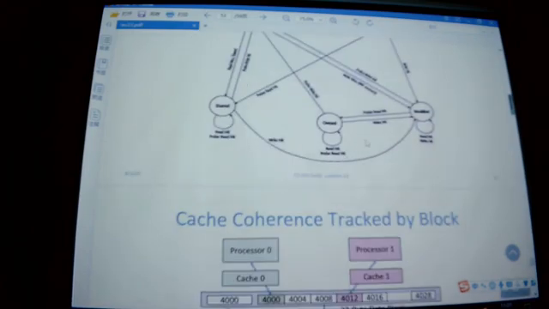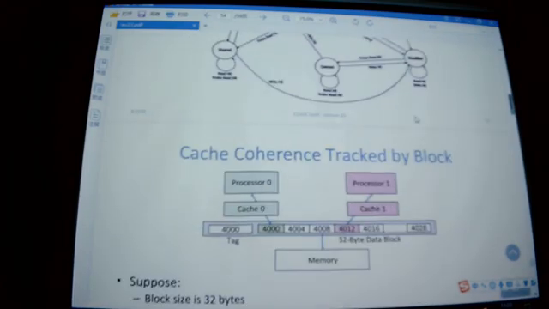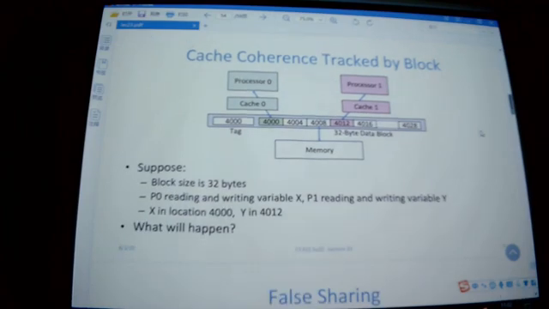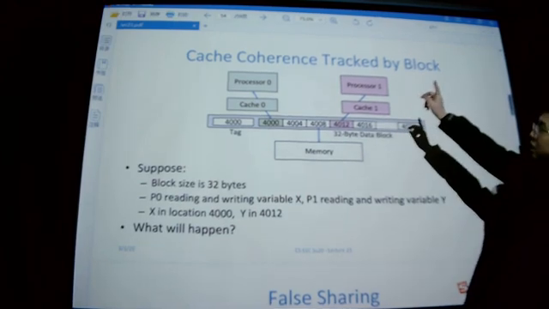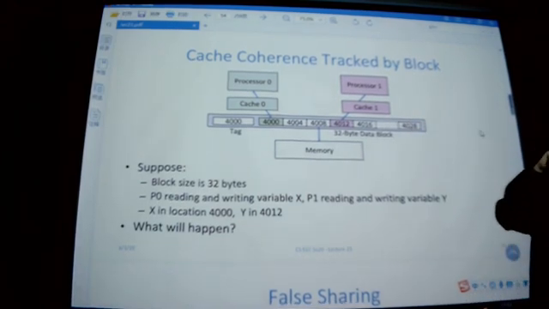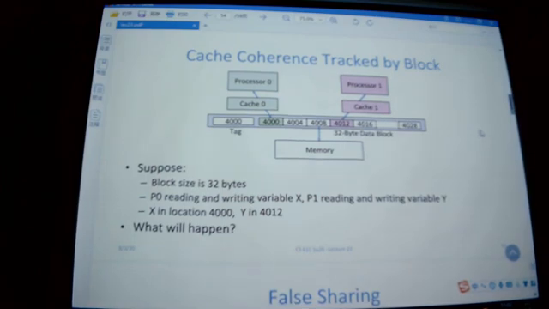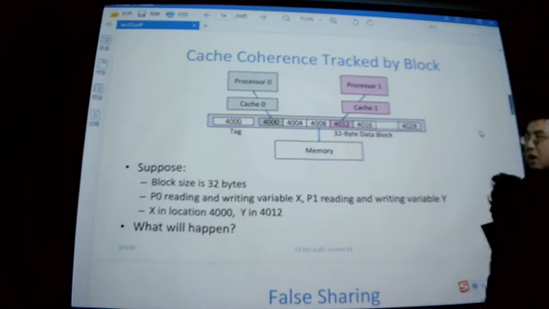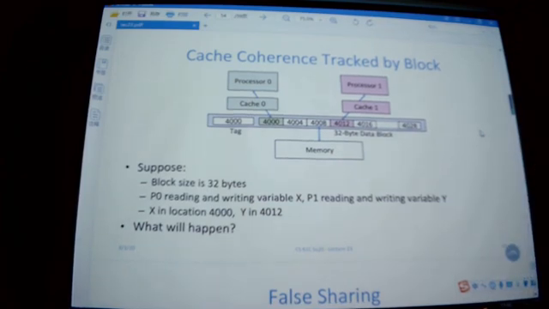Okay, this isn't clear. Cache coherency is checked by block. We can see this is an interconnect. The above has two processors and 2 caches. We can suppose the block size is 32 bytes.